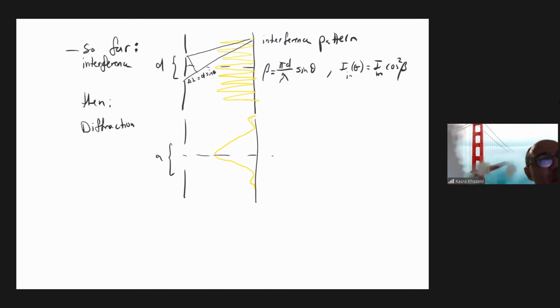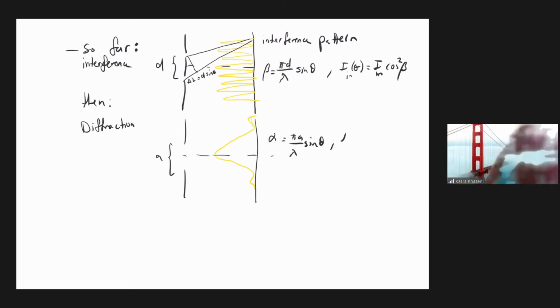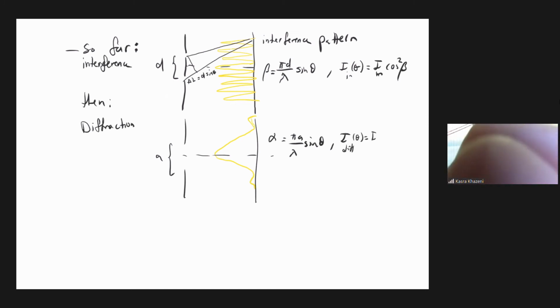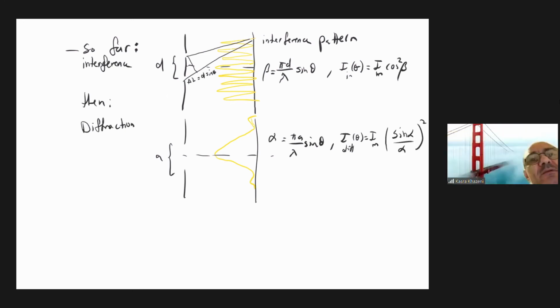And the diffraction pattern gave us another equation, when alpha was pi a over lambda sine of theta, and the interference pattern had an equation. The diffraction pattern had an equation as a function of theta as I_m sine of alpha over alpha squared. Okay, so far this is what we've learned.